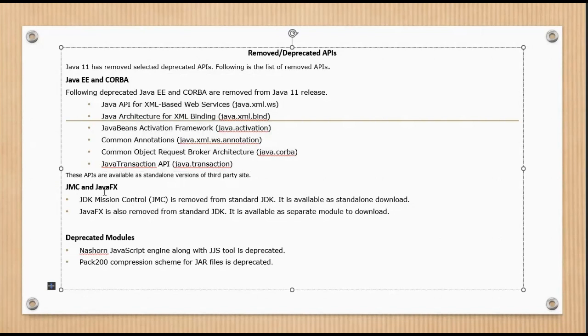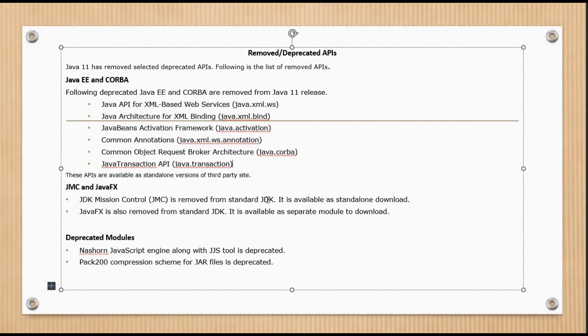And JMC and JavaFX. JMC is the JDK Mission Controller. It's removed from the standard JDK and is available as a standalone tool now. You can think of it like this: when you need to debug Java memory or thread dump related stuff, we basically use this JDK Mission Controller tool.